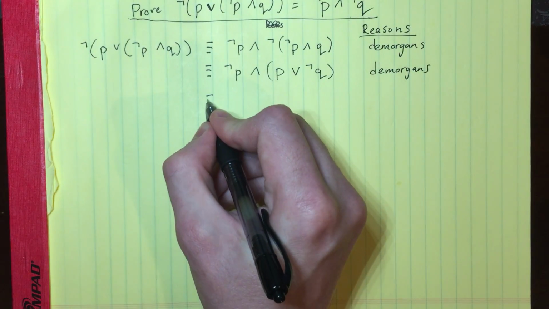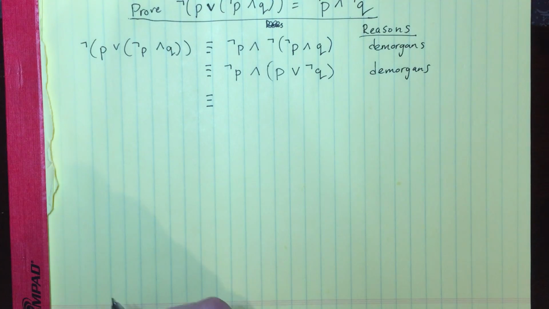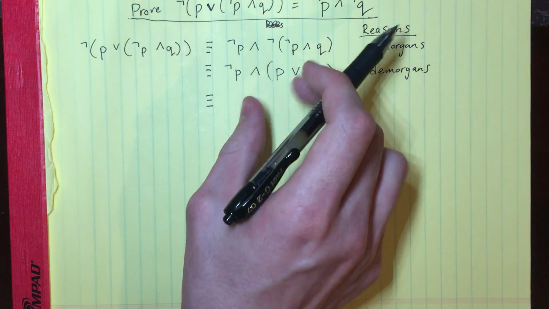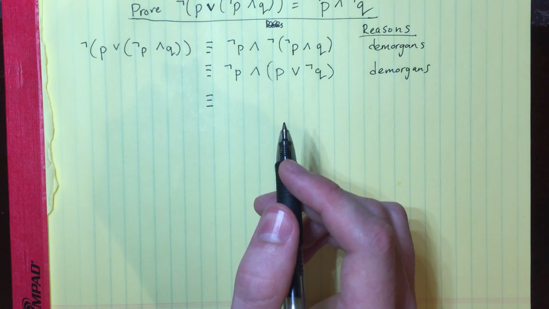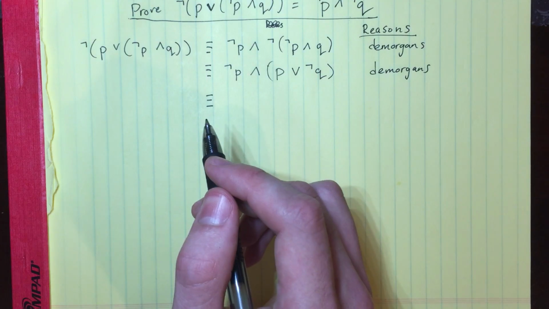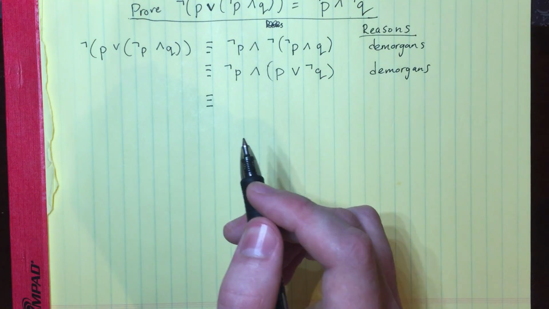So then here's this. Now we need to open this up. We use something called, I believe, the distributive law.